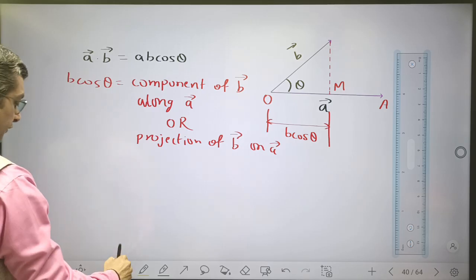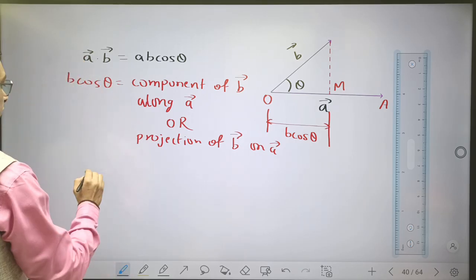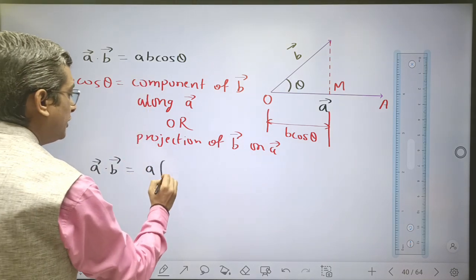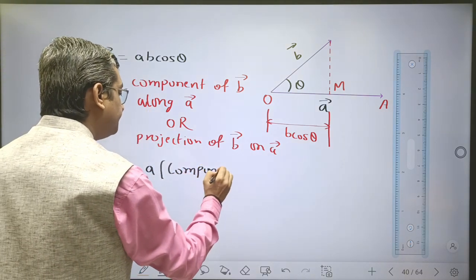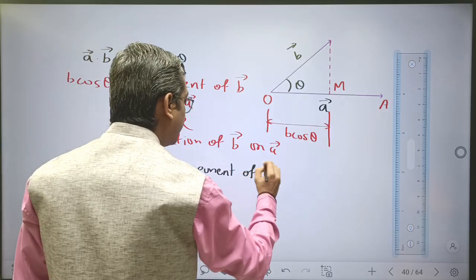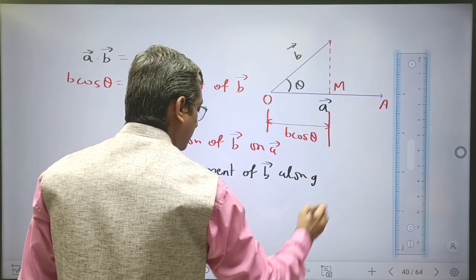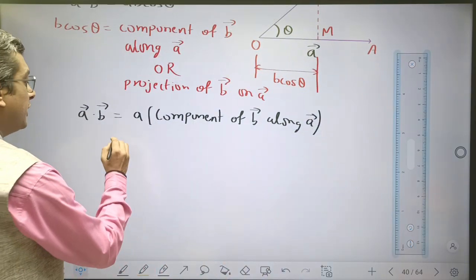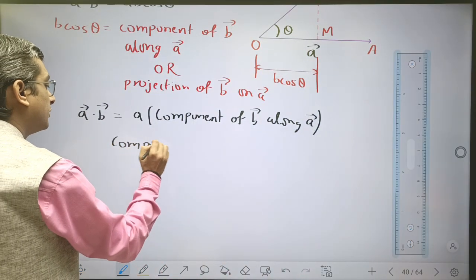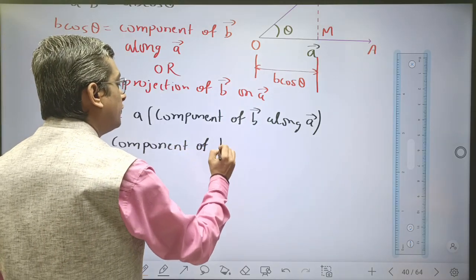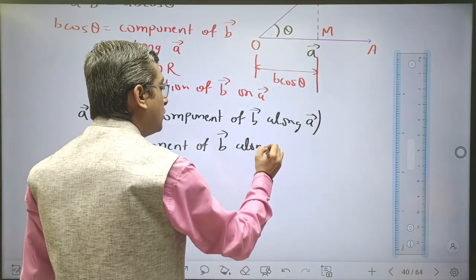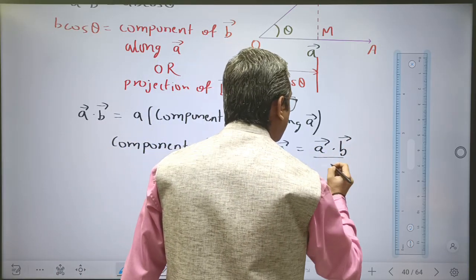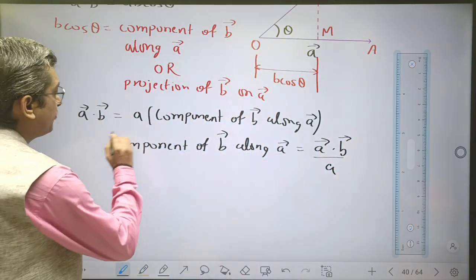Now again coming to this equation, A dot B is nothing but A into the component of B vector along A. So from here you can find the component of vector B along A, and this is nothing but A dot B by A. This is very important.